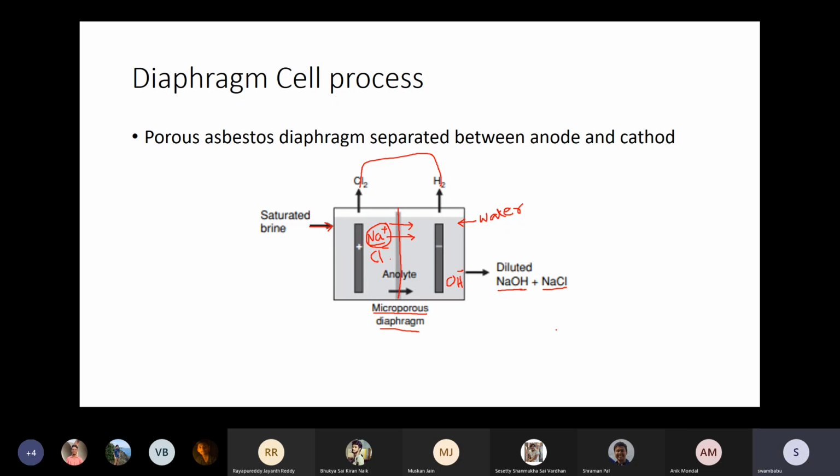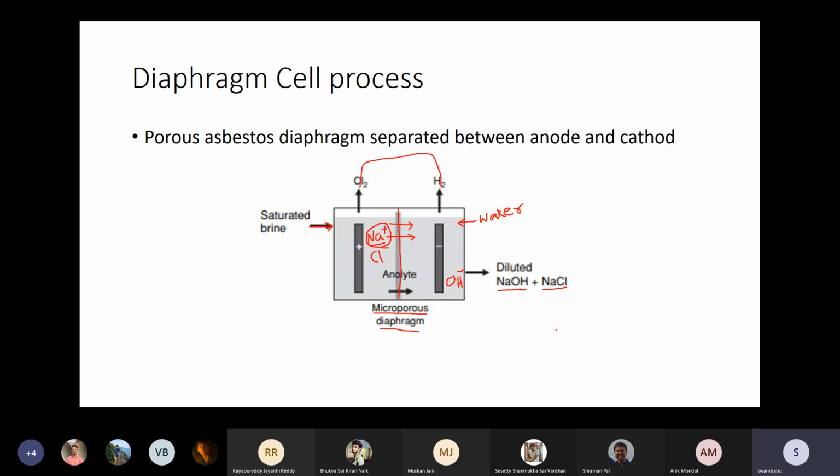So microporous diaphragms made of asbestos used to be used in this diaphragm cell process. A diaphragm is nothing but a flexible membrane-type material that separates the cathodes and anodes in this process.